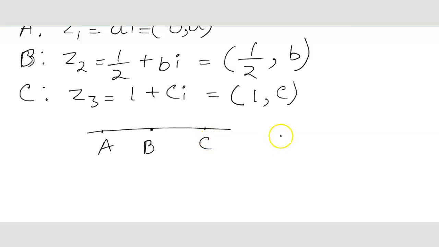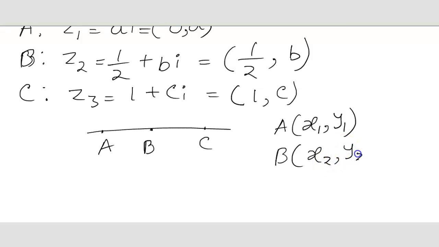So what will be the area of the triangle formula for three vertices? A is given by x1 y1, B is given by x2 y2, and C is given by x3 y3.